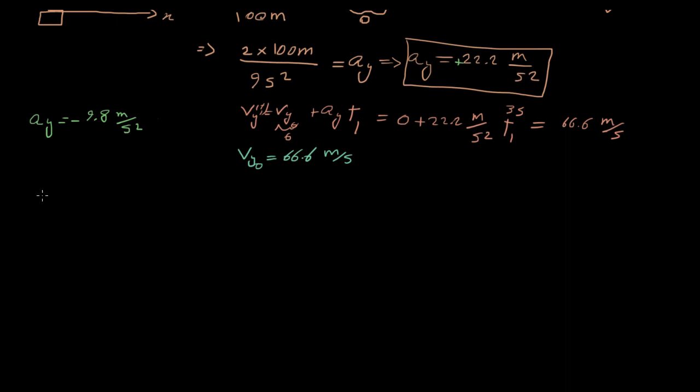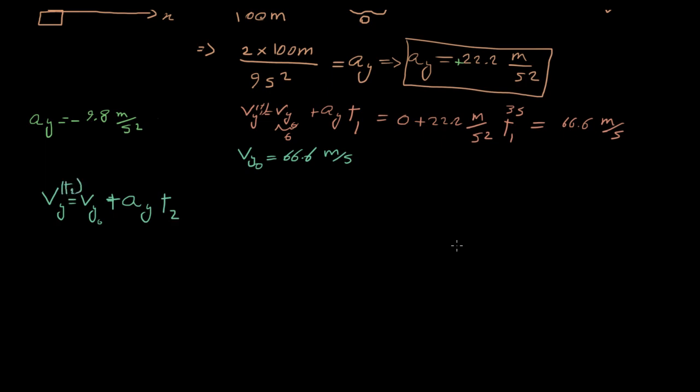So we want to solve vy minus vy naught equals ay t2.